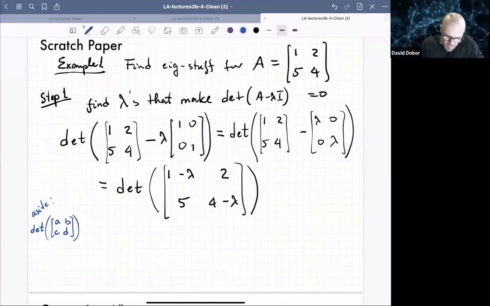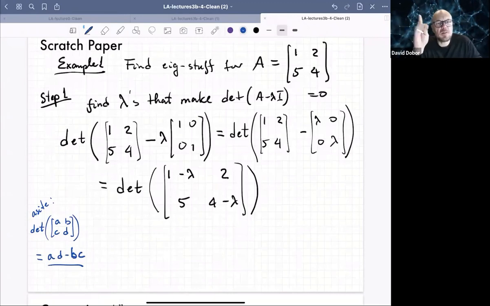The determinant of this matrix is AD minus BC. Why that's the case, let's talk about that later. It's the parallelogram spanned by the columns, a nice geometric interpretation of the determinant. Anyway, let's continue.